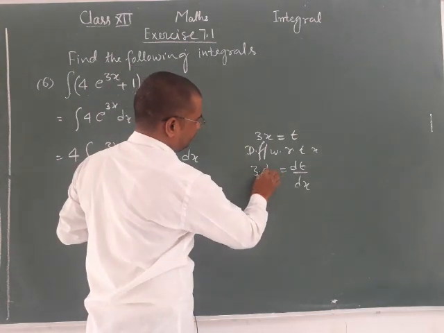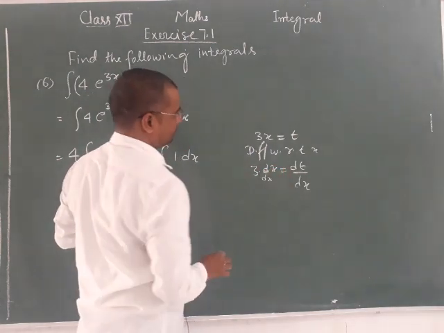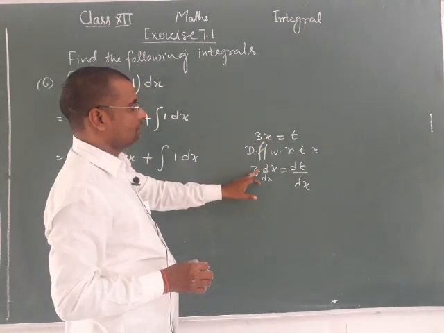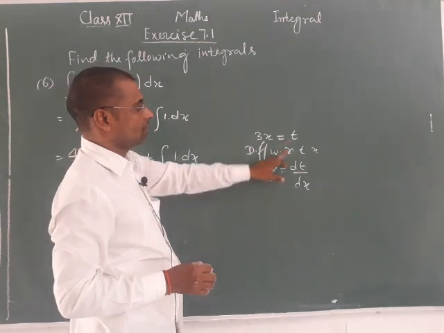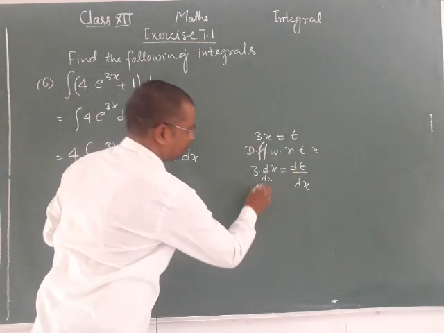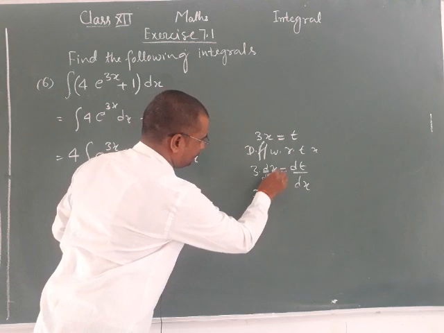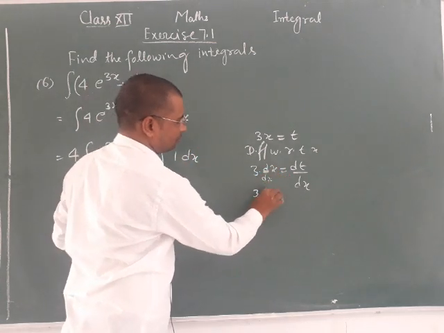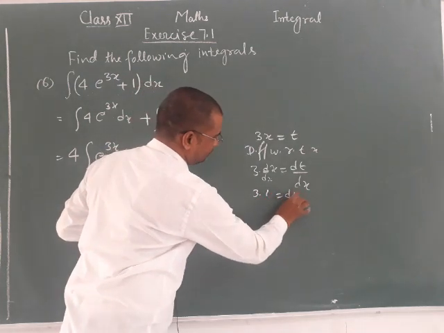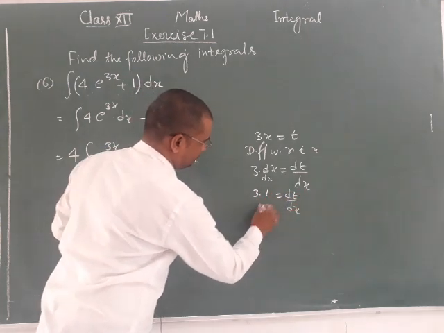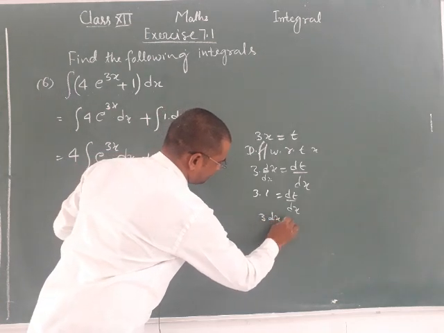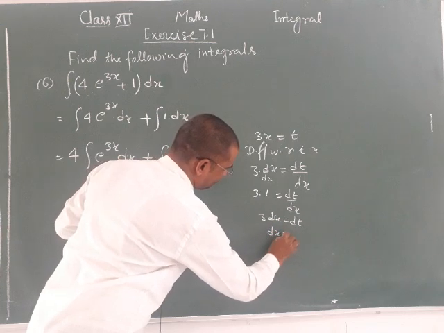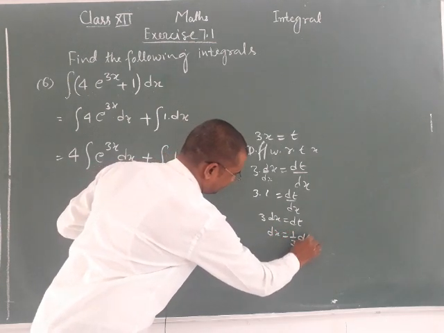The derivative of x with respect to x is 1, so 3 dx is equal to dt, or dx is equal to 1 upon 3 dt.